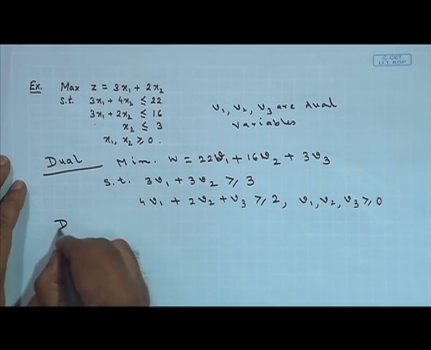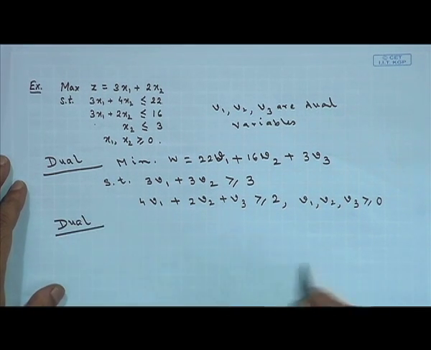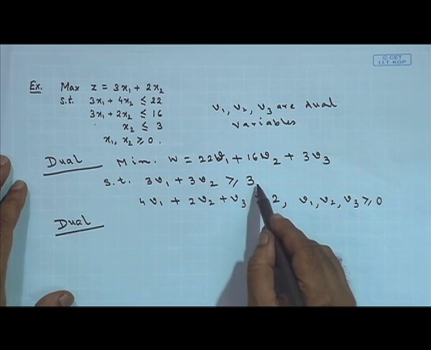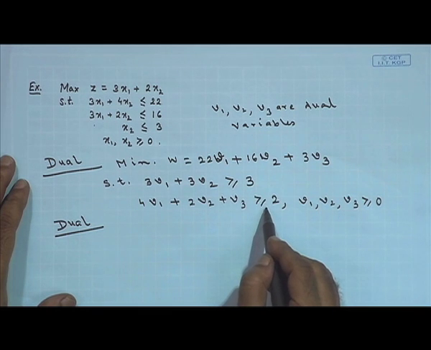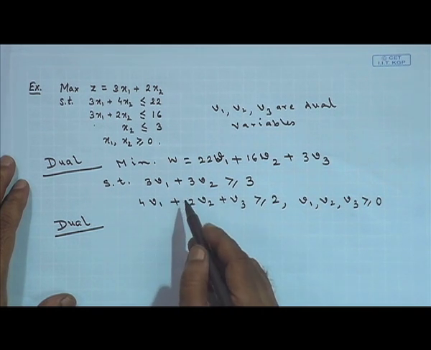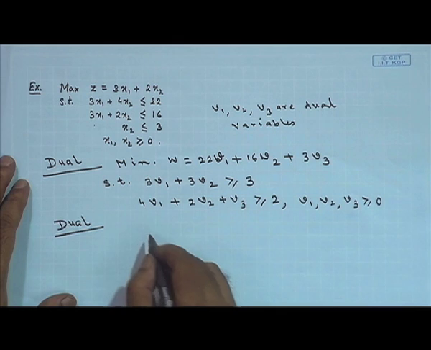Again, if you take the dual of this problem, how many constraints does it have? You will see this problem has 2 constraints, so the dual of this problem will have 2 variables.